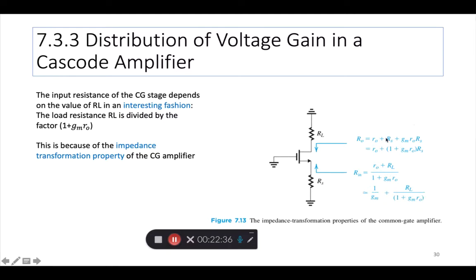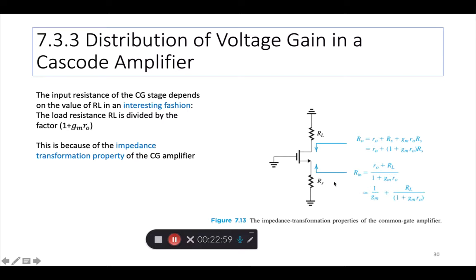Similarly, you'll notice that the output resistance depends on this emitter resistance. And here also you get that 1 plus GmRo in the numerator, right? So for the output, you get the source resistance with a multiplication of this factor.